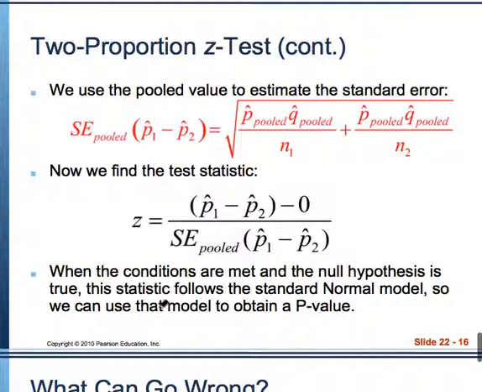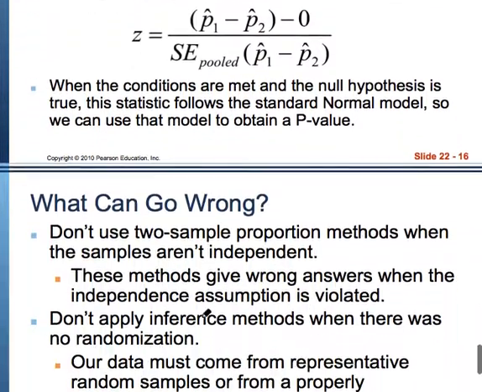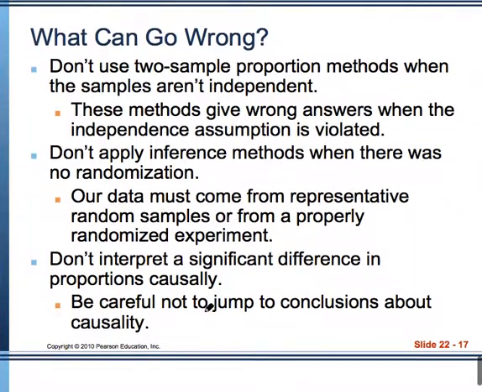We know that this statistic will follow a normal model because the conditions are met and the null hypothesis is true. That is the same as what we've done before. You have to make sure that the samples are independent, that's one part of your checklist.